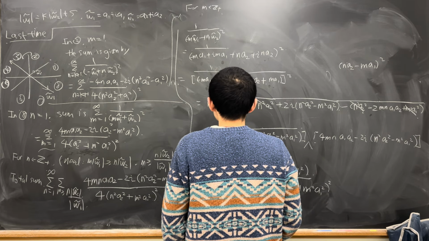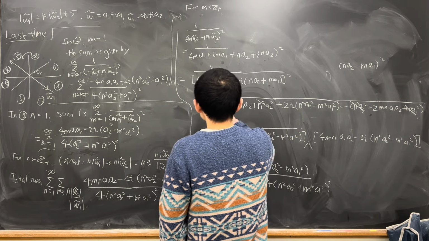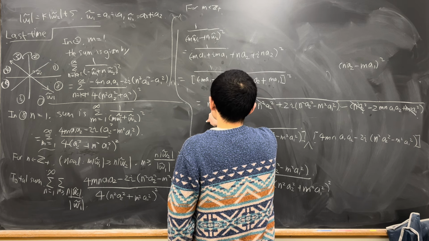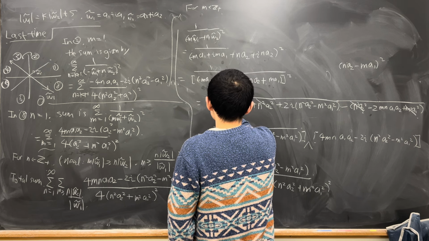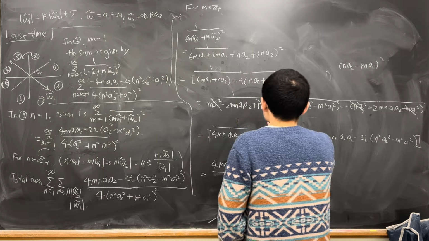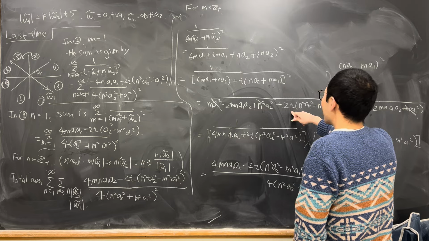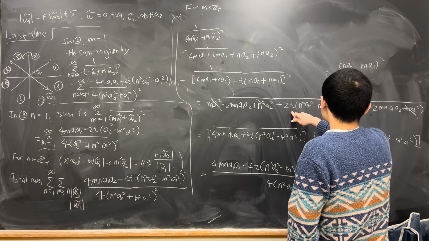Okay, so we'll square it, right? So the first term, this won't change, okay. And then this will become minus, and then this won't change, and then plus 2i.